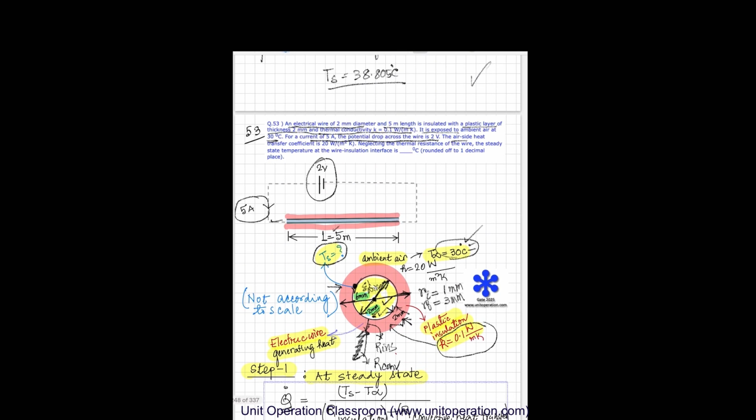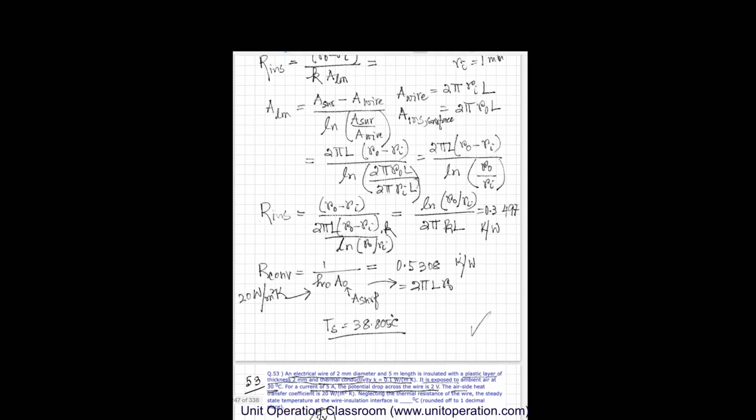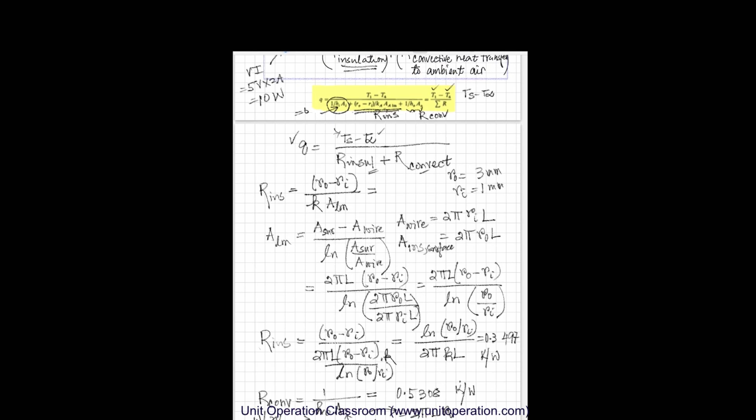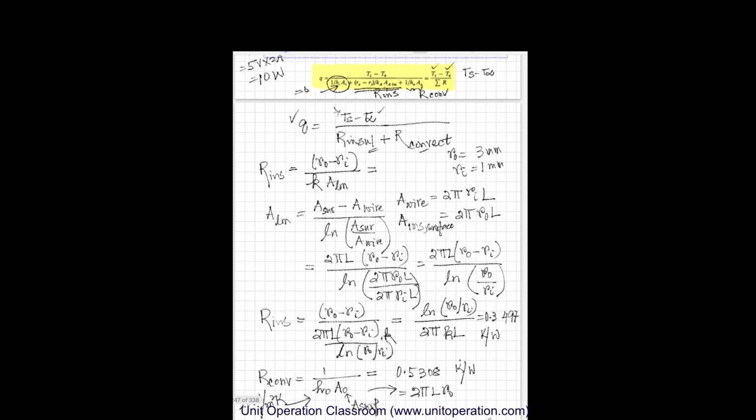All right. So let's write this equation in a little more detail here. So what we have here is basically Q dot is equal to this one, resistance of insulation and convective transfer resistance. This is very easy. This is VI, which is 10 watts.